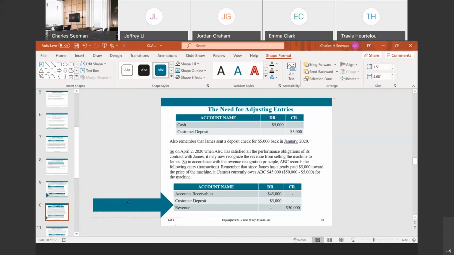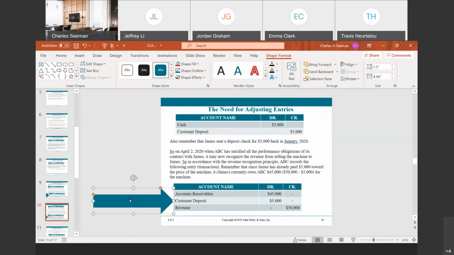However, the customer deposit is now mine to keep. It's not a liability anymore. Since I've honored the contract and met all the requirements of James, that money is now mine. So it's not a liability anymore. So I debit customer deposits. Remember, all liabilities are on the right side of the accounting equation.